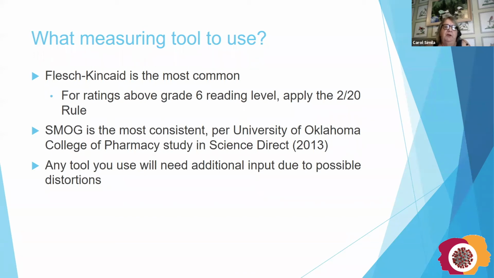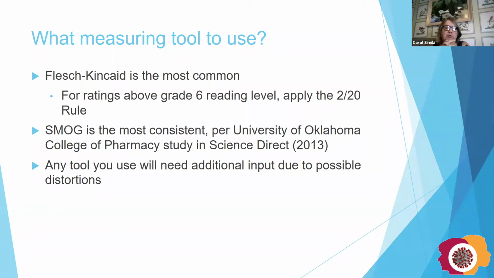SMOG is a very highly approved rating system, and I think it's called a systematic measure of gobbledygook or something like that, which is a cute name. But anyway, at least one study, the University of Oklahoma's College of Pharmacy, said that it is the most consistent reading level tool.